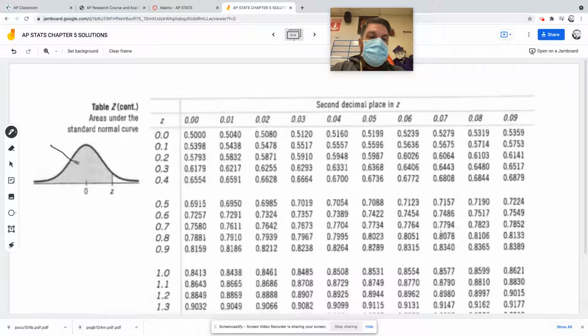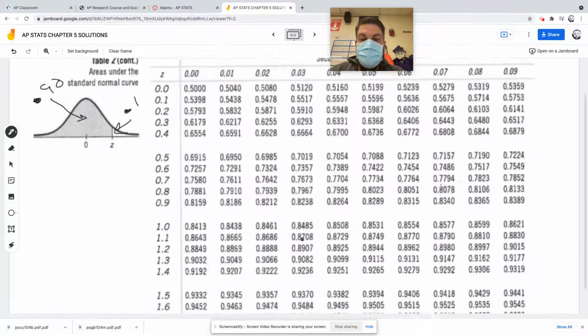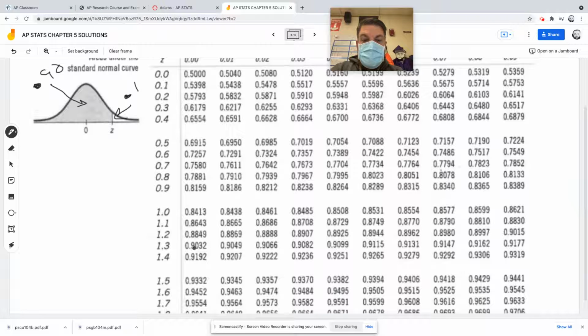But I said in our particular scenario, this has got to be 0.9, right? Isn't that 90%? And then that means that this would be the 10% mark, or 0.1. So what I need to do is look for 0.90, right? So I've got 0.9, 0.9.